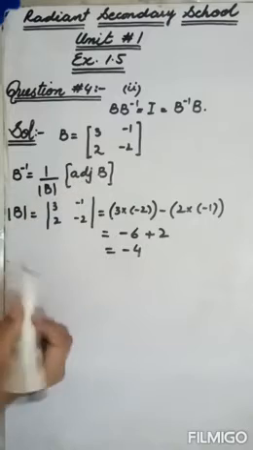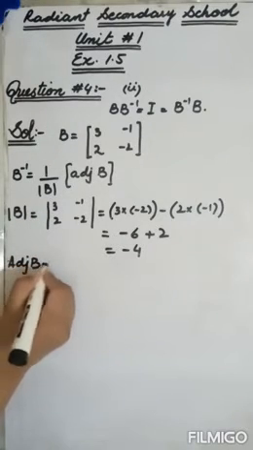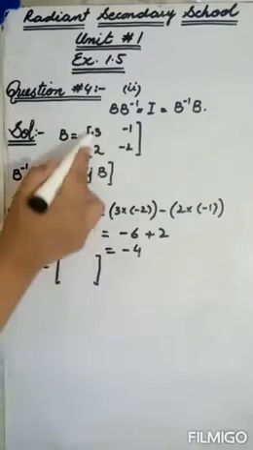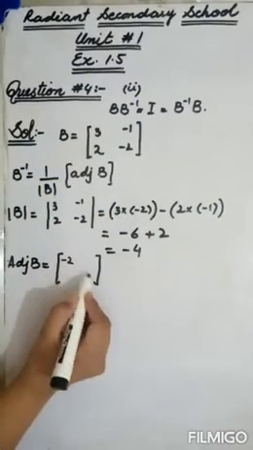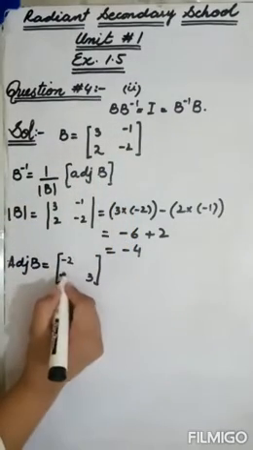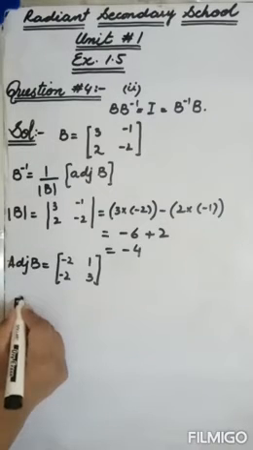Next we have to find the adjoint of B, and for adjoint we have to change the places of diagonal entries. Minus 2 will be here and 3 will be here, and change the sign of the non-diagonal entries, minus 2 and plus 1. This is adjoint of B. Now we will put this in the formula.